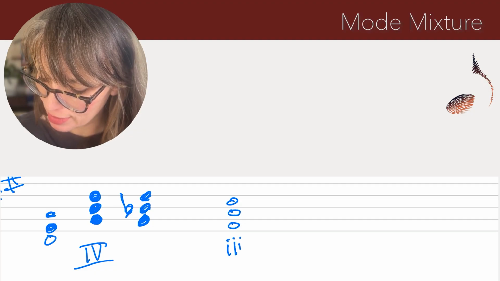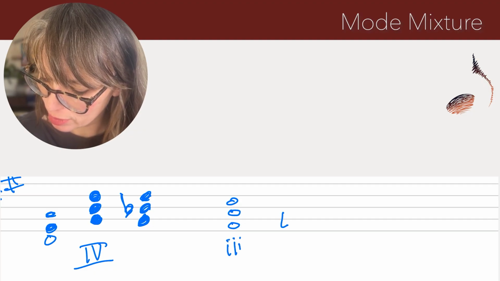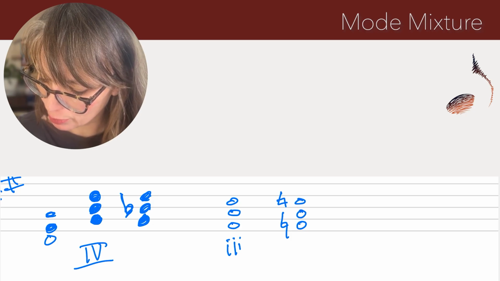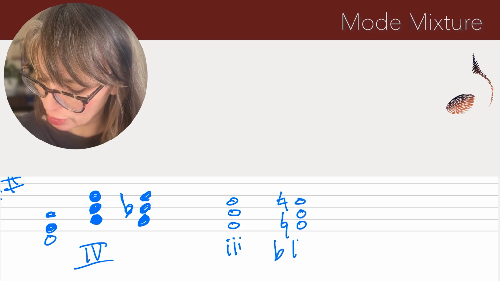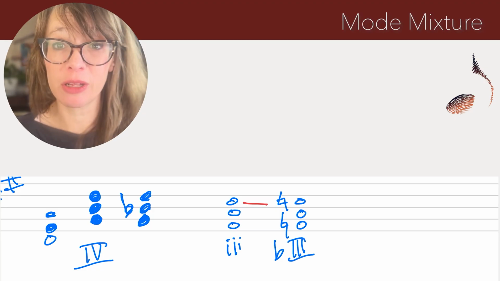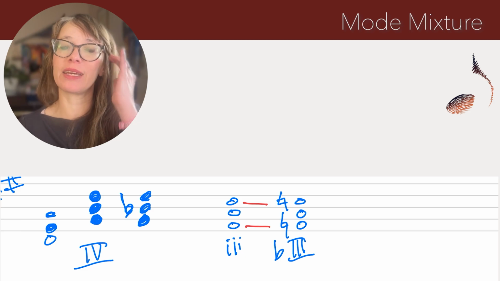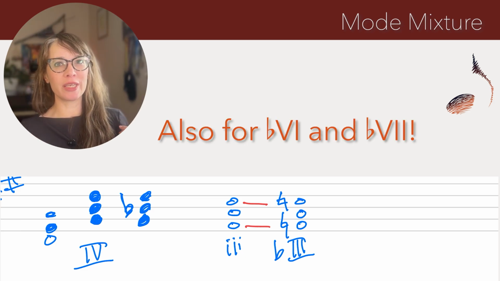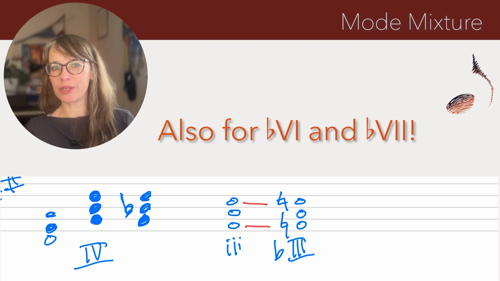And then if we made that into the flat 3, again, we're going to put the flat in front of the Roman numeral, you can see here that we would have parallel fifths. And there's not a lot of voice leading that can fix that. So really, if you're hearing a progression and you think you hear 3 going to flat 3, you probably don't.